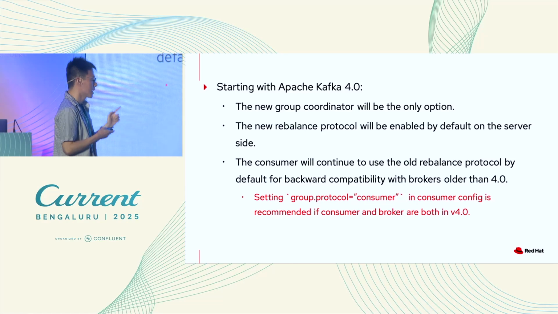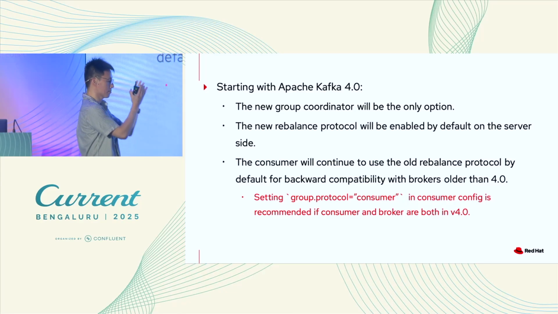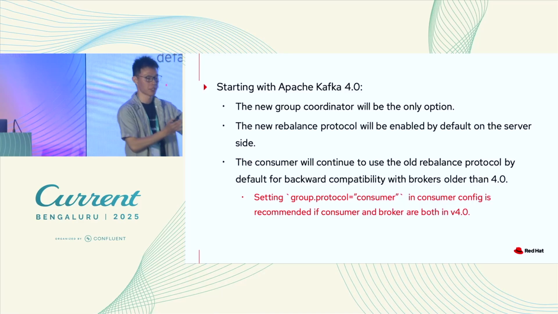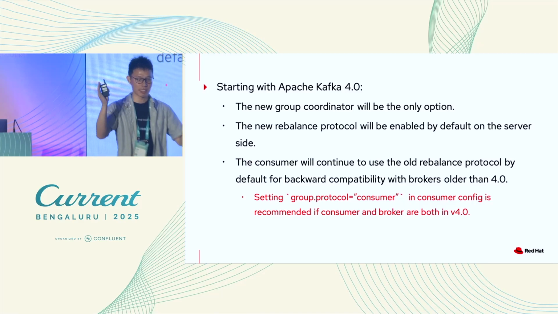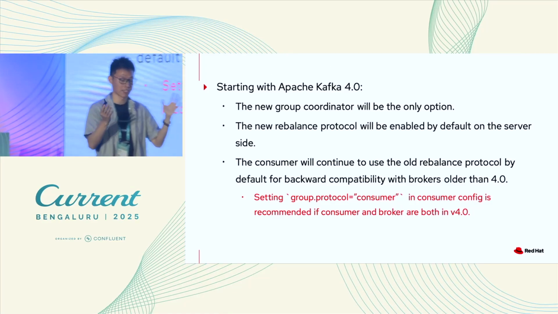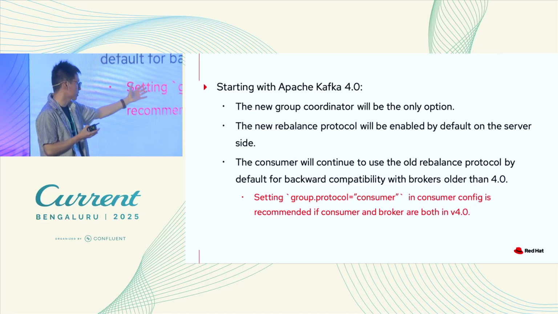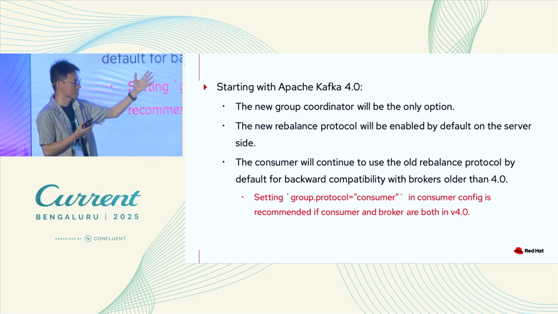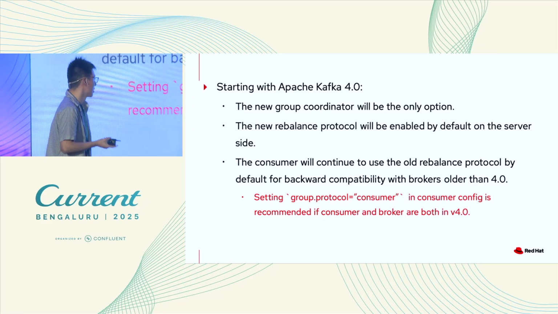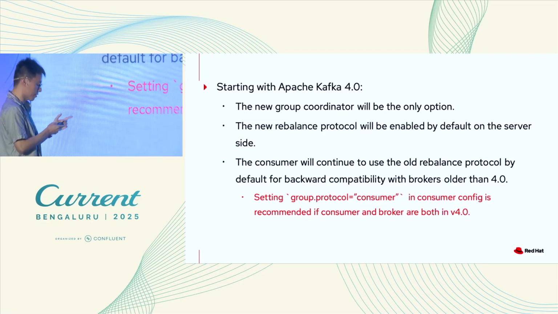But the consumer side will still, by default, use the old rebalance protocol, because we are afraid that if some consumers are on 4.0 but the broker is on, let's say, 3.9, there will be some errors thrown, because the client is expecting the new group protocol but the broker doesn't support it. So that's why we didn't enable that by default.